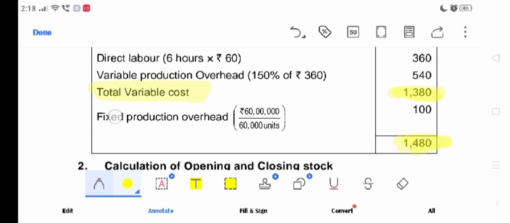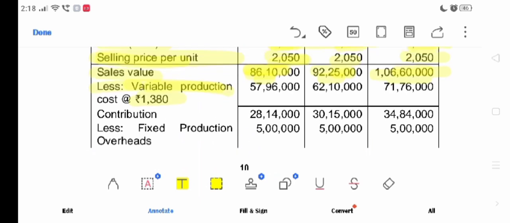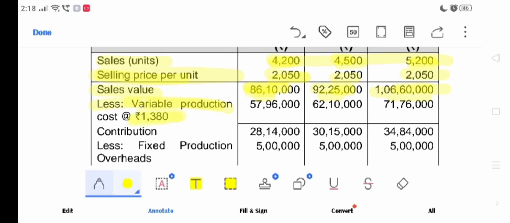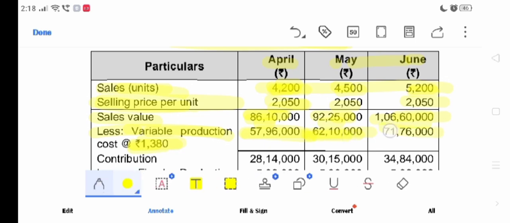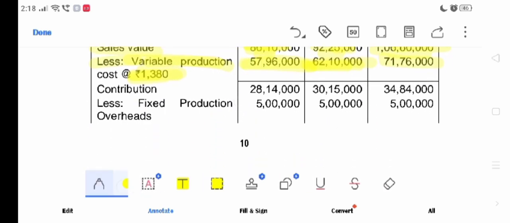This 1480 includes the fixed production overheads. So we are going to take only the variable cost, which is 1380. We will multiply with the sales units, 4200 into 1380, which comes to this total. And the same with May and June also.